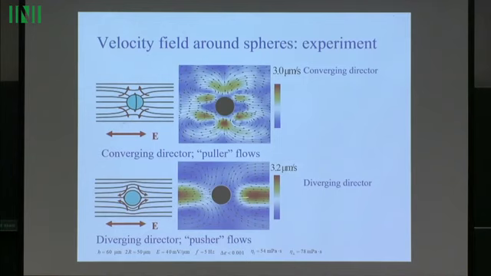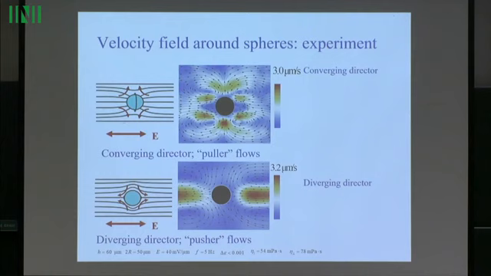In this case, the flows are away from the particles along this equatorial direction and towards the particle in the vertical direction. Here it's totally opposite. In the vertical direction I have outgoing flows. In the horizontal direction I have influx.